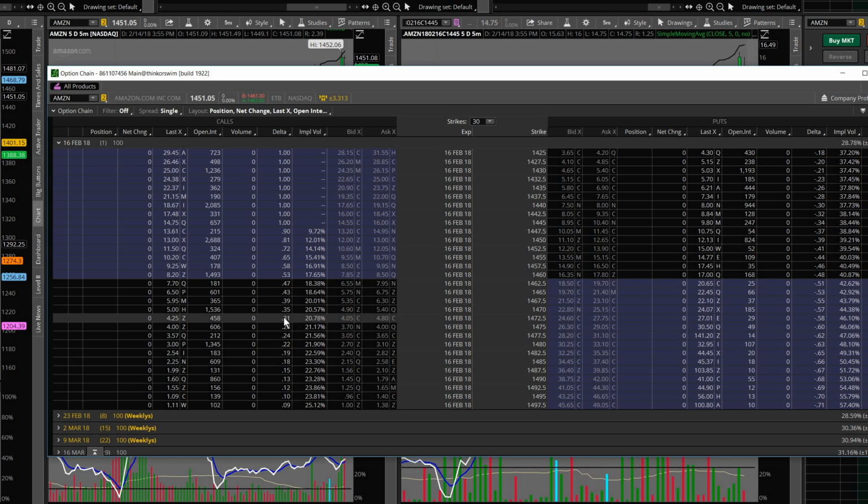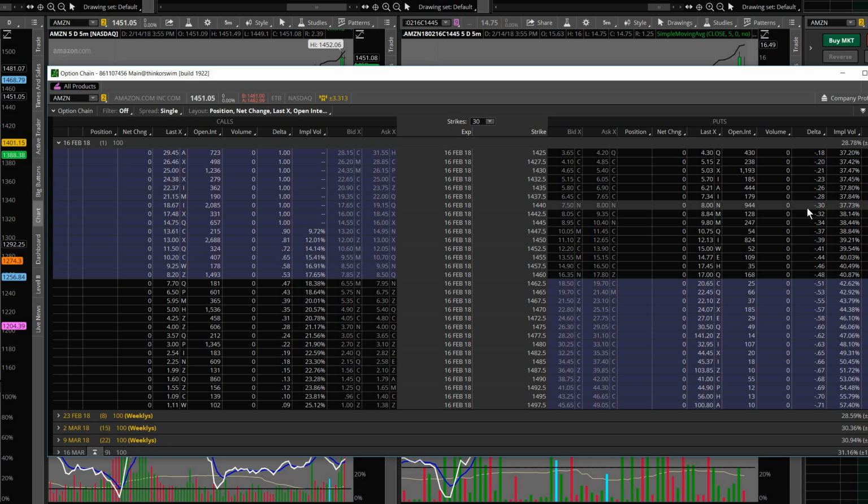So on something like Amazon that can move 20 to 50 in a day, I'm looking for a 30 delta. As I said, the reason is because if it moves $3 against me, that's only $100 against me on my call. Same thing for the put side. If you're looking to go short, you can look for a delta around 30.